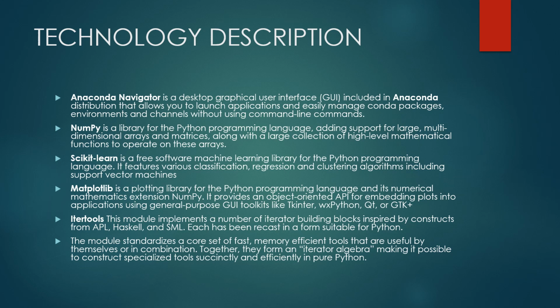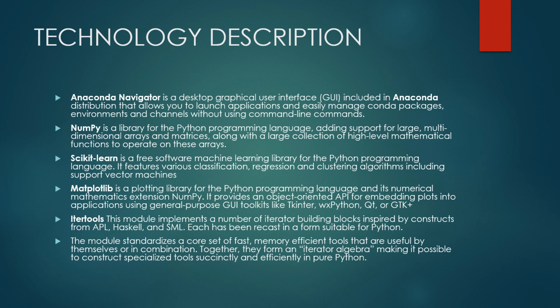And Scikit-learn is a free software machine learning library used for various regression and clustering techniques, which made Python development very easy. And Matplotlib, as we all know, whatever the graphics or comparison we need, whether a pie chart, a bar graph or a linear graph, Python has Matplotlib, which makes it easy to compare the data.